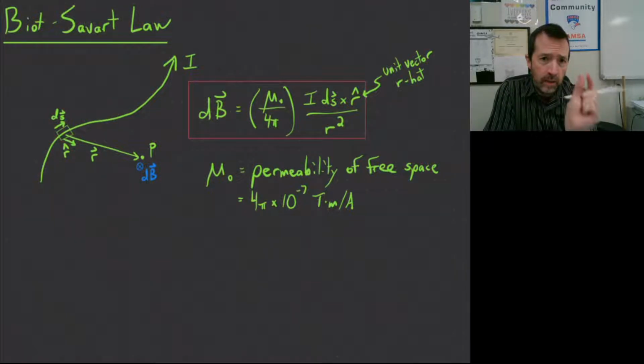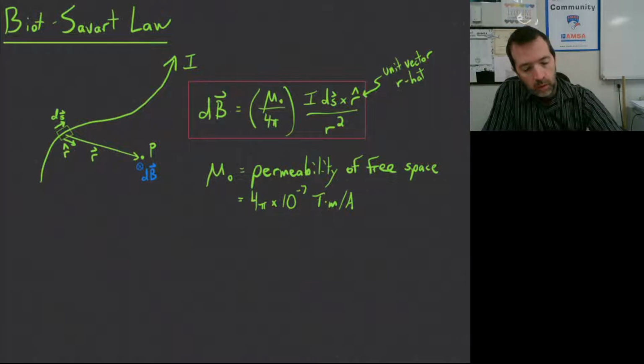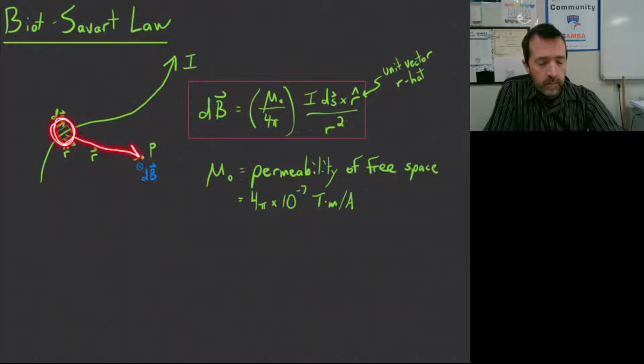So it's an infinitesimal section of the path along which the current is flowing. I want to calculate the magnetic field at this point P, that's off to the side. And the r vector goes from the source of the field, which is the little ds piece, and points from there to the point P, where I want to measure the field.